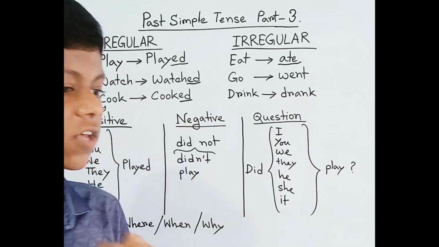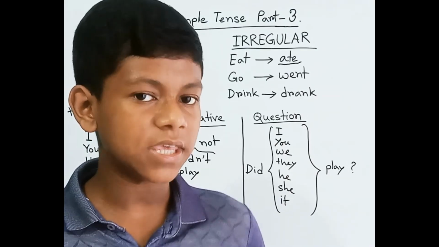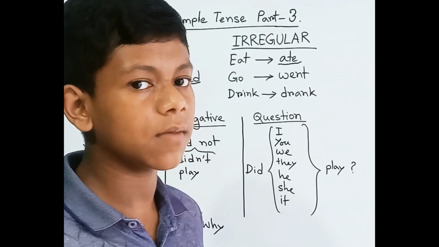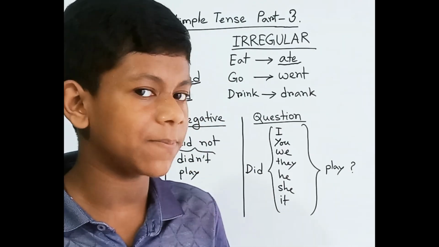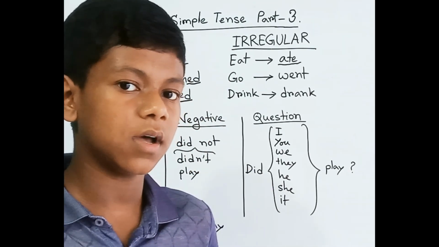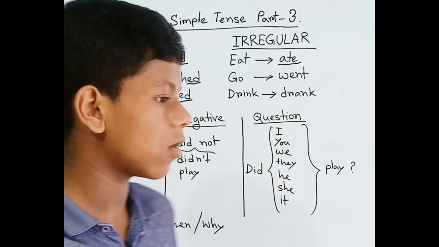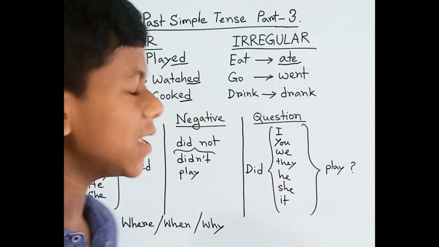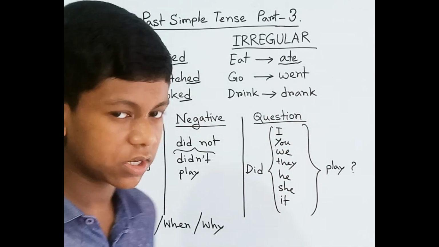The difference is only with the third person singular: we have to add s or es during the present simple tense, but in the past simple tense the verb will be the same. So it doesn't matter whether it is the third person singular or another person as the subject.